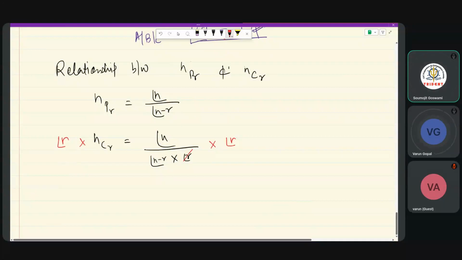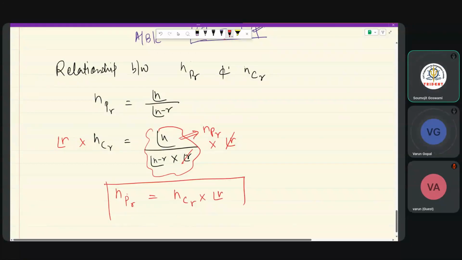Now this and this cancel, and this entire thing becomes NPR. So NPR is also NCR into factorial r. We have already discussed this in the intuitive understanding, which is you select and then arrange.